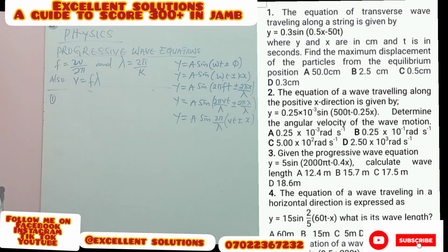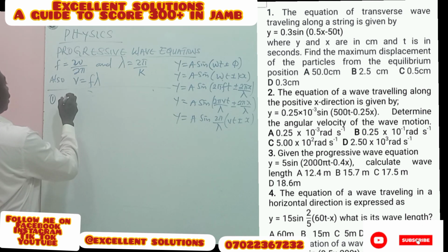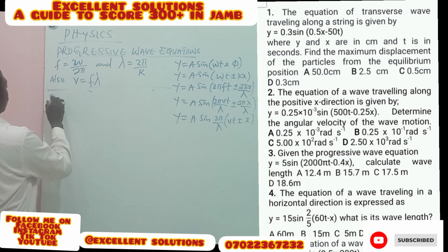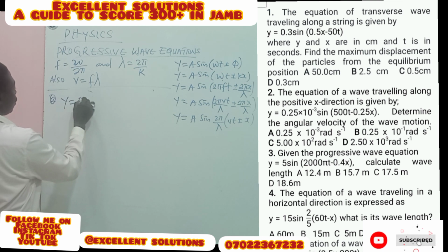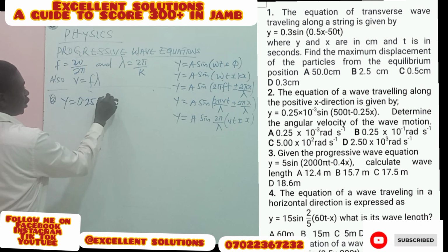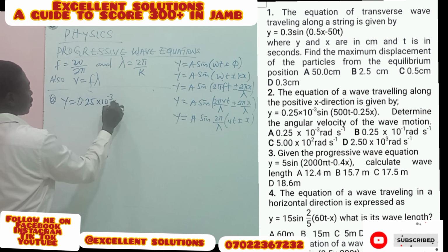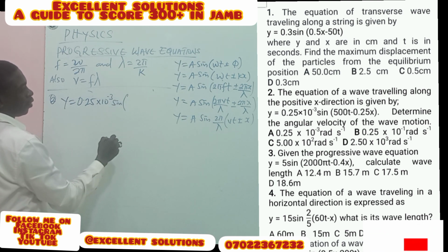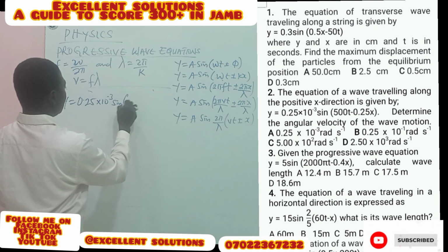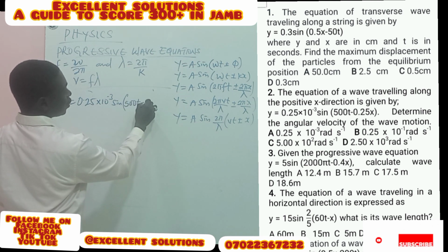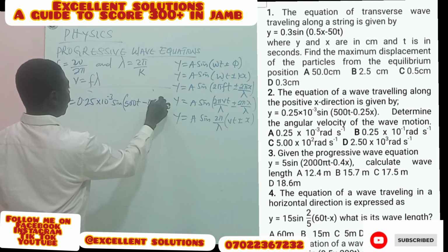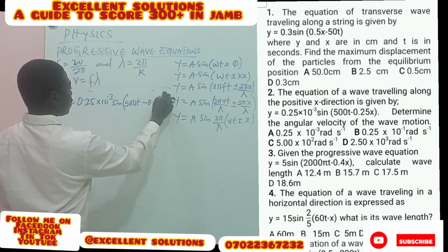And question 2 says the equation of a wave traveling along the positive x direction is given by y equals 0.25 exponential minus 3 sine, 500t minus 0.25x.